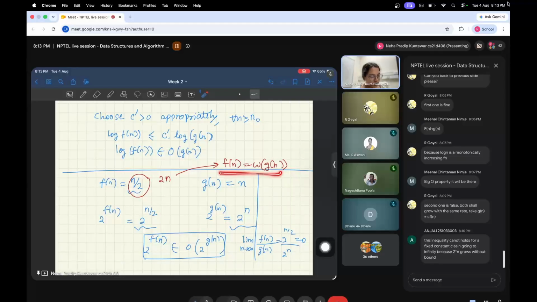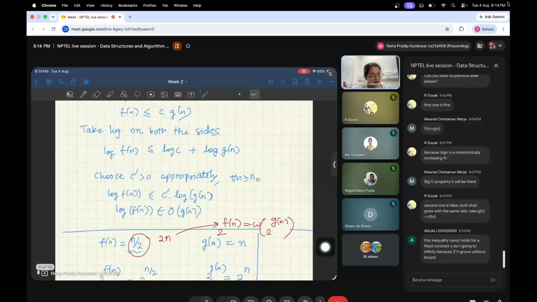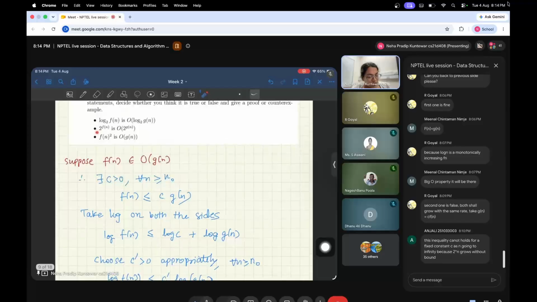So 2 to the f of n is little omega of 2 to the g of n. Because it's little o as well as little omega, we can't say that it is theta. If it were big O as well as big omega, then it would have been a theta. But at the moment, all we know is that this is not true, because there is one example which demonstrates that this is not the case.